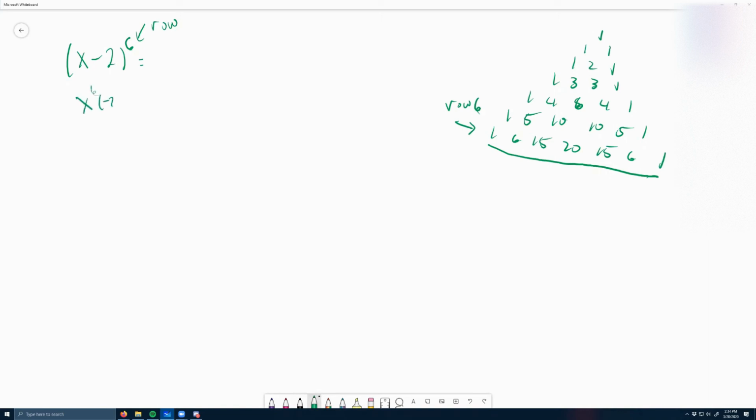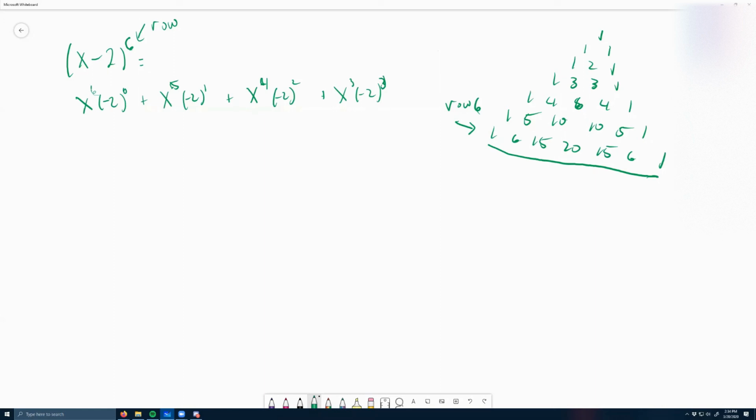X to the 6th, negative 2 to the 0, plus X to the 5th, negative 2 to the 1, plus X to the 4th. Plus X to the third, negative 2 to the third.